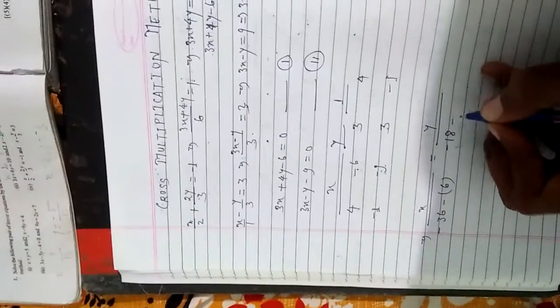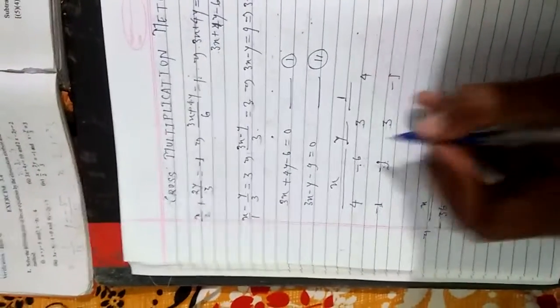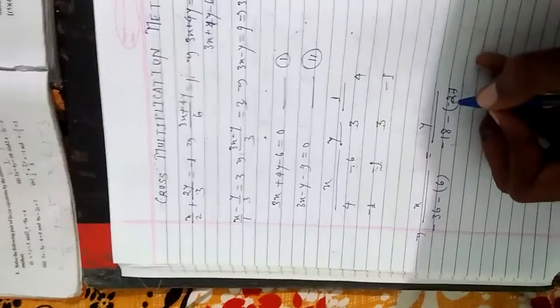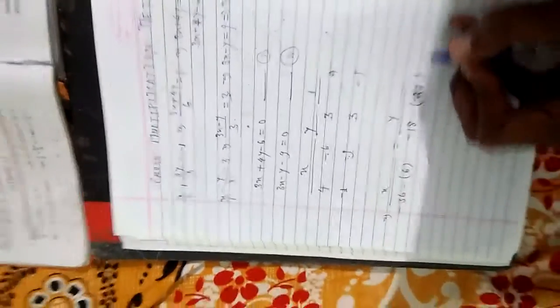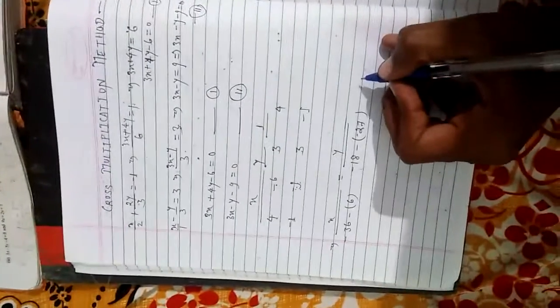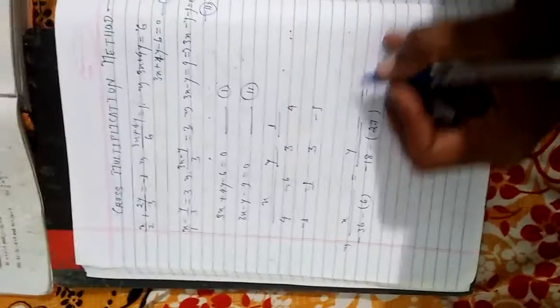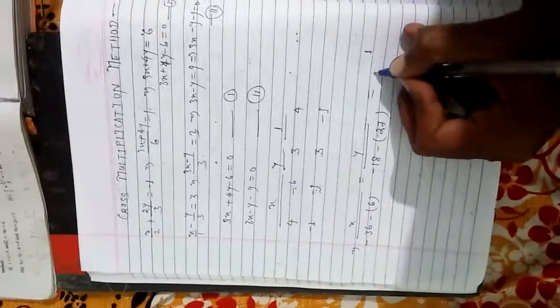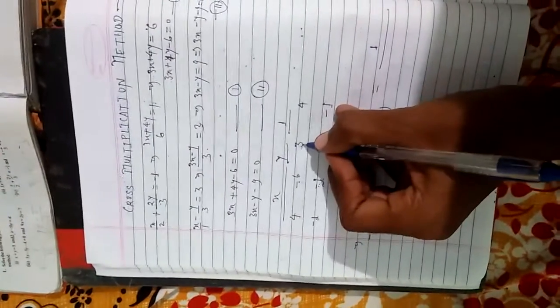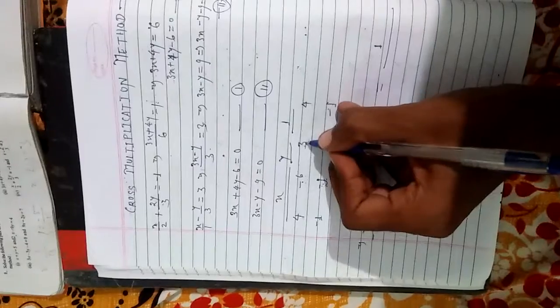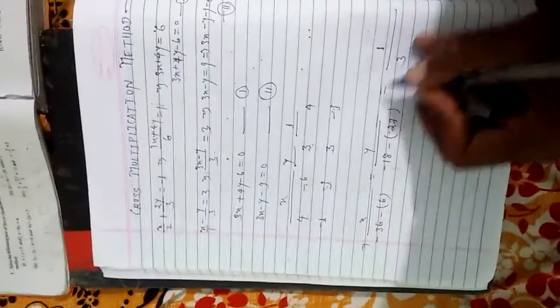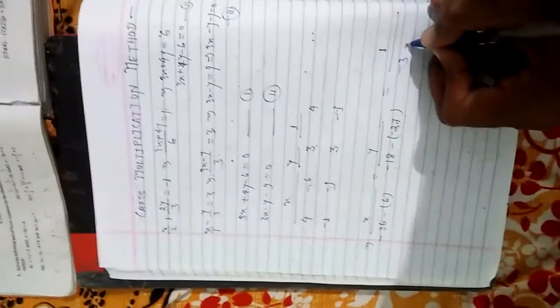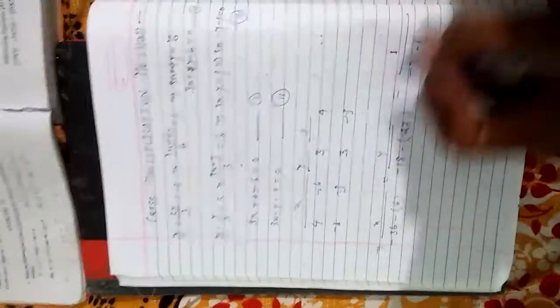Now 9 threes are 27, and this is also minus. Equals to, now this is a 1, so minus 1 into 3, 1 three is a 3, minus, so minus 4 threes are 12.